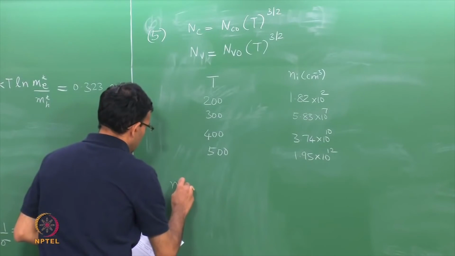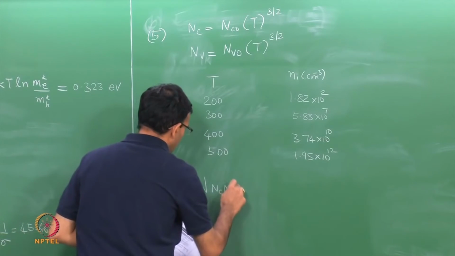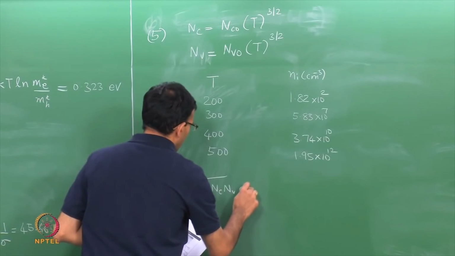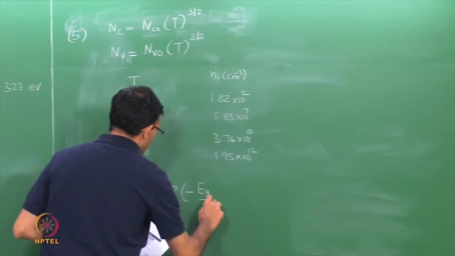You can go back to the original equation. Ni is Nc Nv exponential minus Eg over 2 kT.